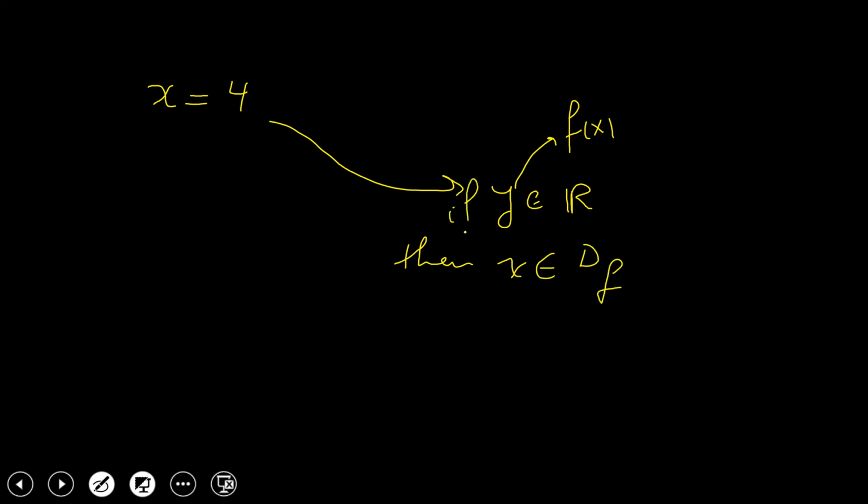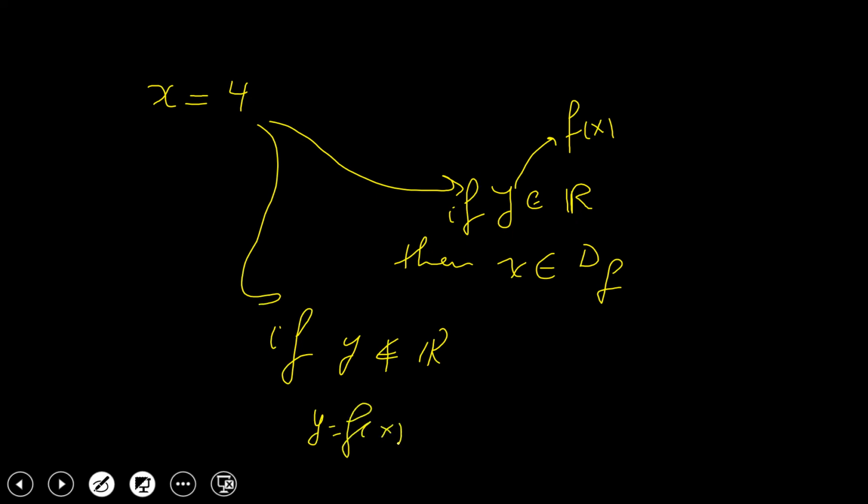This is if y belongs to R. Now, if the output of 4 does not belong to R, then this means that y equal f of x does not exist.